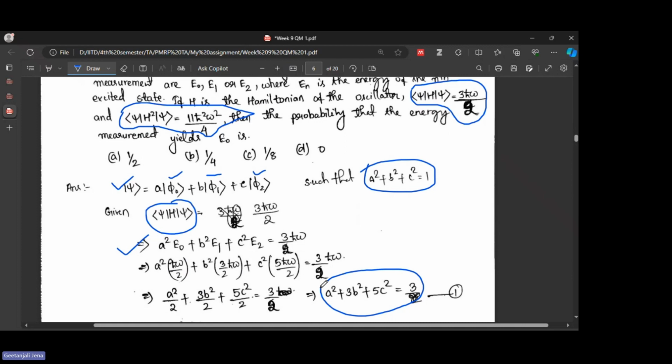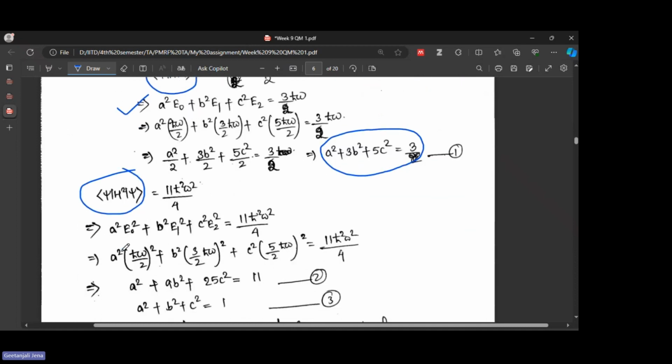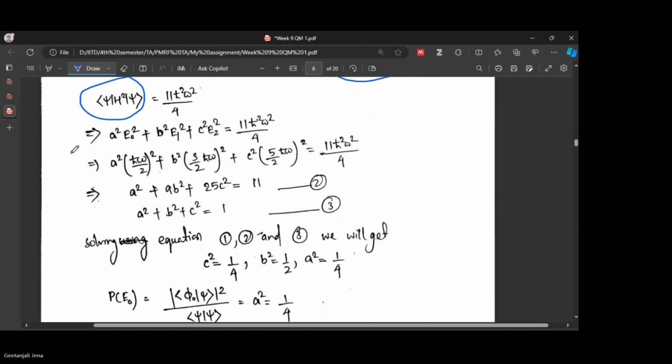Now the second condition given to us is the expectation of H square, which is equal to 11 by 4 omega h bar square. If you simplify this expression, what you will get is A square times E0 square plus B square times E1 square plus C square times E2 square.